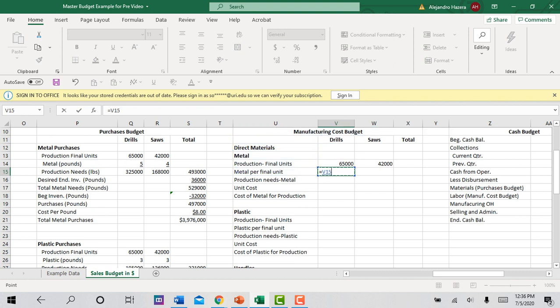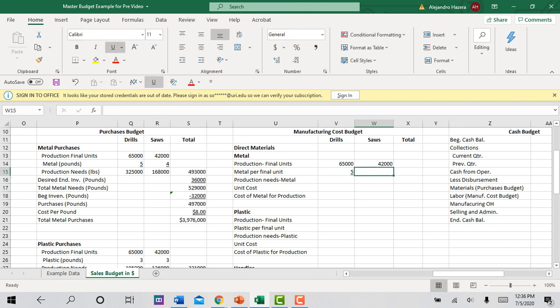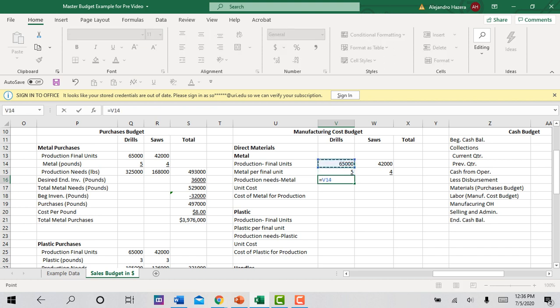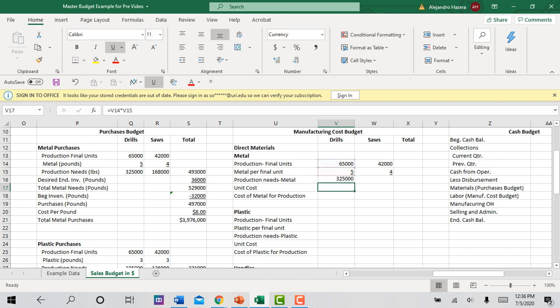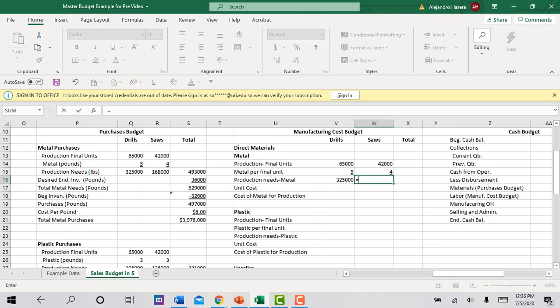So in a sense, we're starting with the same logic here. We're going to have 5 pounds of metal that go into each drill, 4 pounds of metal that go into each saw. If we're going to take 65,000 times 5, that's going to give us 325,000 pounds of metal that go into production for drills.